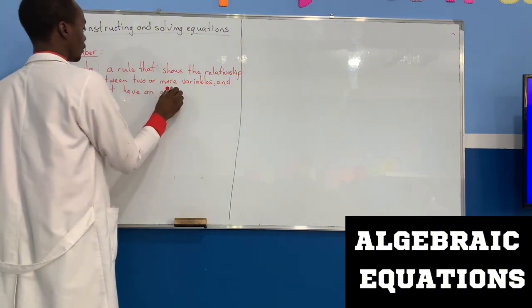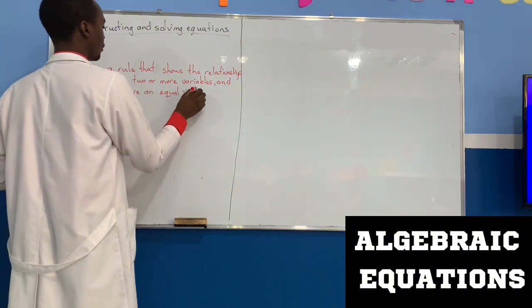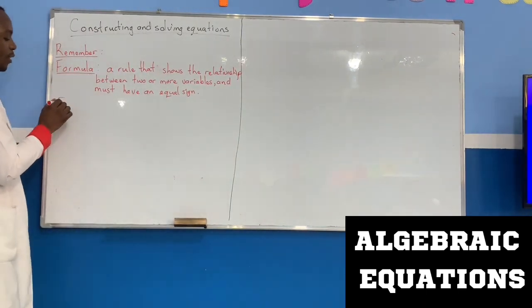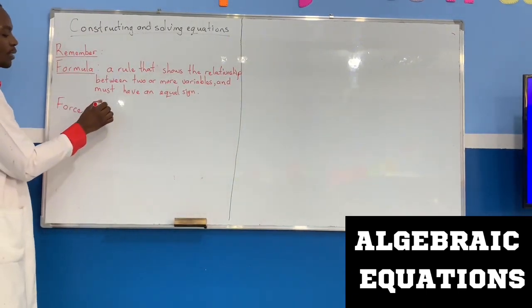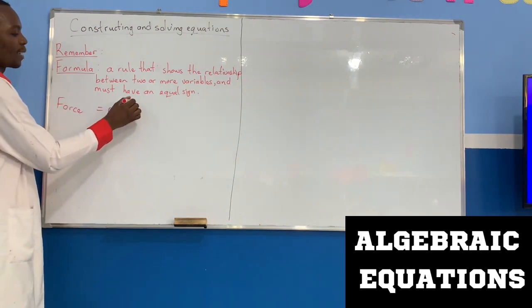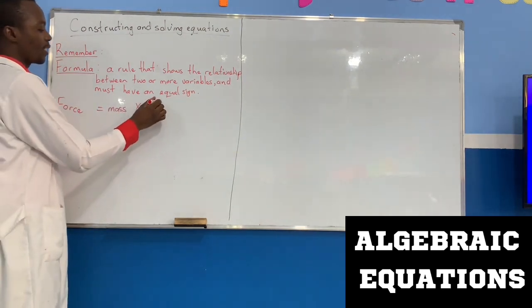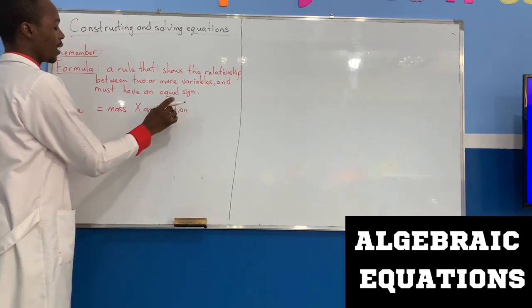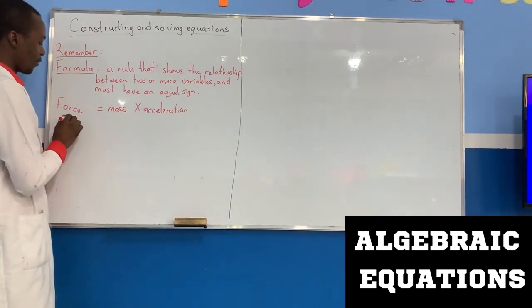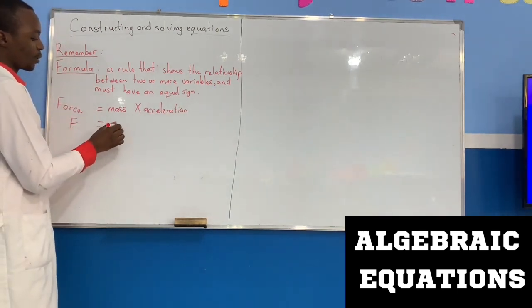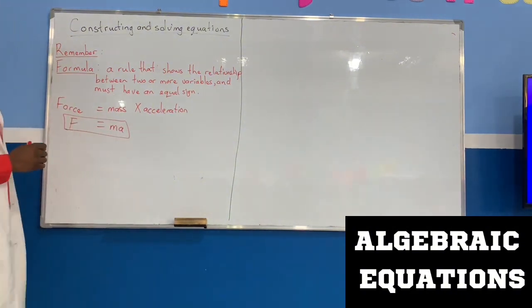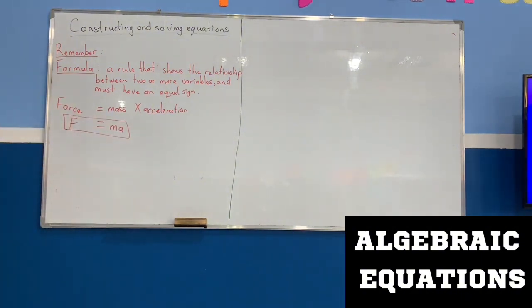Alright. A classic example would be the formula for finding the force exerted by an object, which is given by force equals mass multiplied by acceleration, of which, whilst on Earth, the acceleration due to gravity would be 10 meters per second squared. The formula can be summarized as F equals ma.